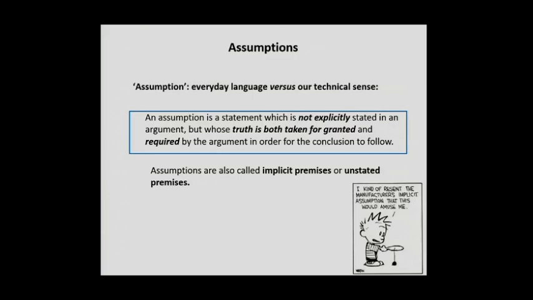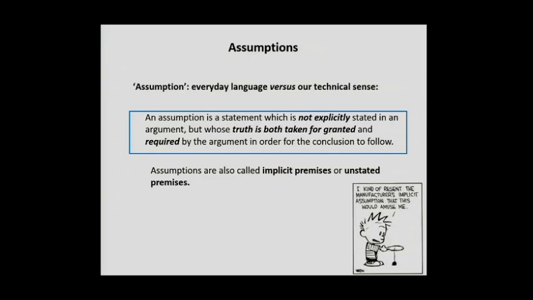So that in some sense are required to get a complete and valid argument, whose truth needs to be taken for granted to show that we can actually get to the conclusion. So that's the slightly more technical sense in which we're using that.